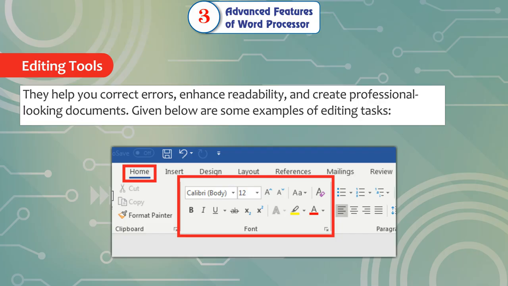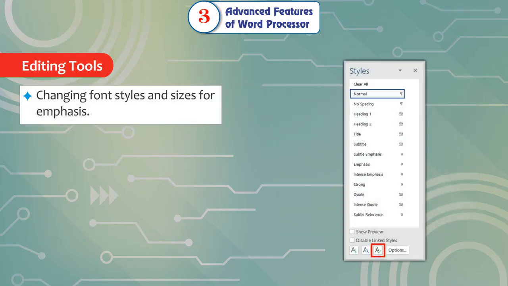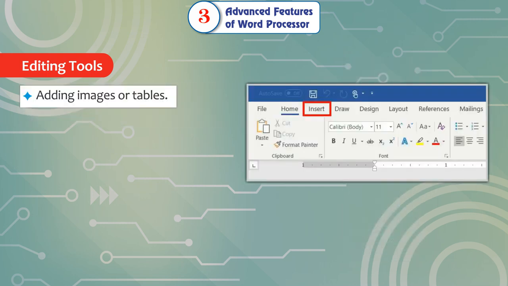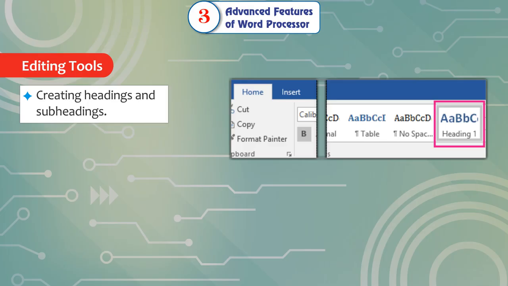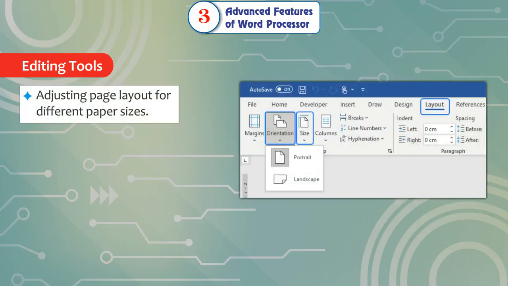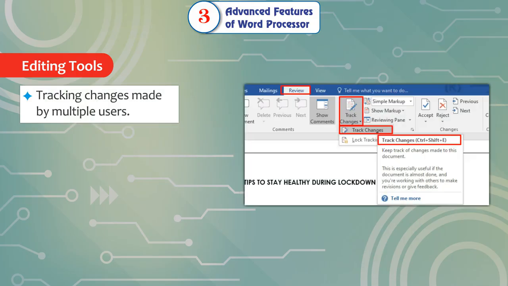Given below are some examples of editing tasks: correcting typos and grammatical errors, changing font styles and sizes for emphasis, adding images or tables, creating headings and subheadings, adjusting page layout for different paper sizes, tracking changes made by multiple users.